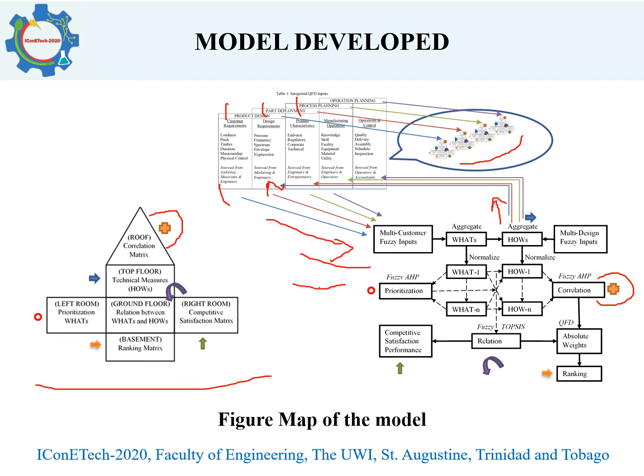When passed through the system again, it gives us the manufacturing operations, which now become the inputs for the operations planning QFD. Completing the cycle, giving us the operations and control parameters.